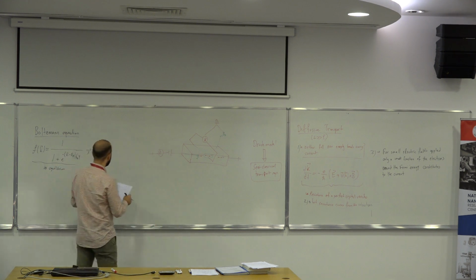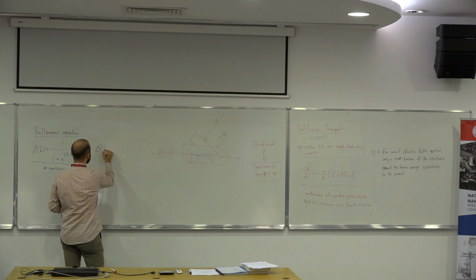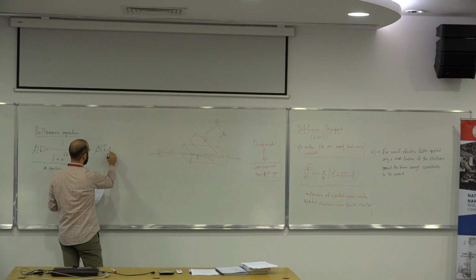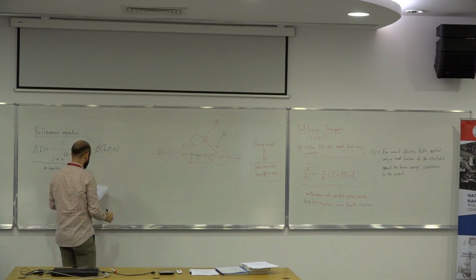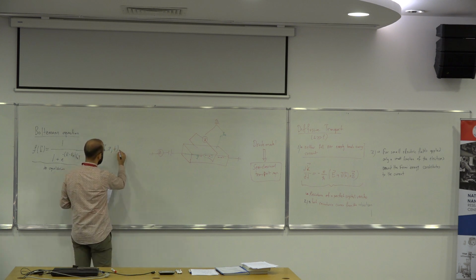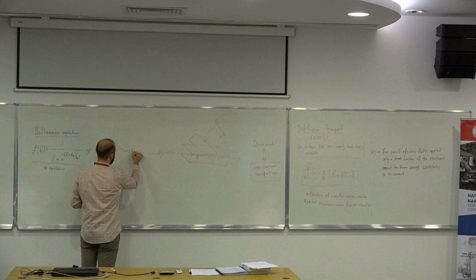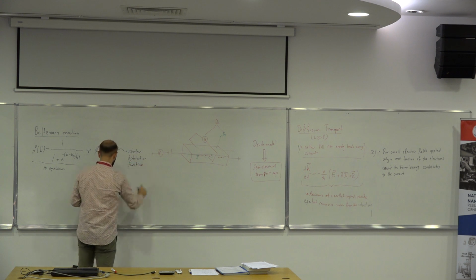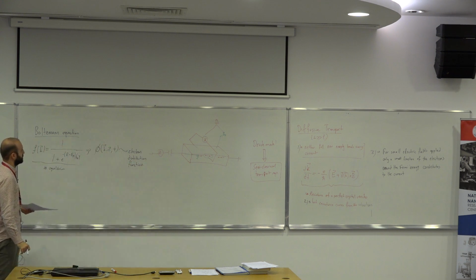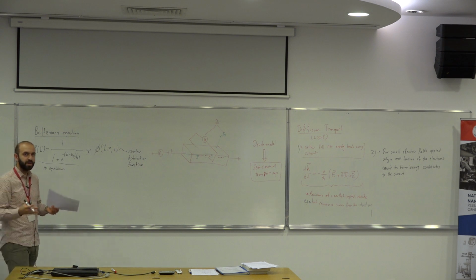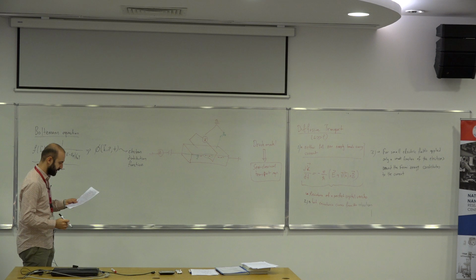So what I'm going to get is a new distribution function, which is a function of k, r, and t. Okay, I can say this is my electron distribution function. And this function will determine the distribution of electrons in the k space.